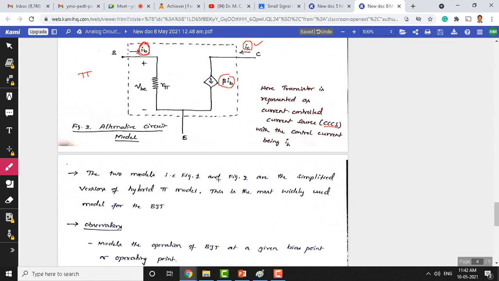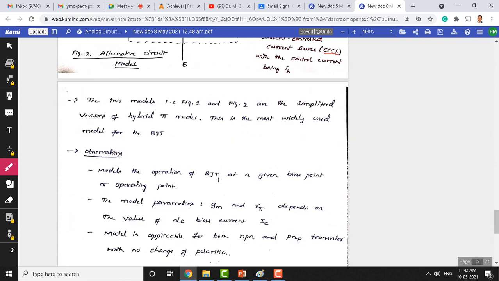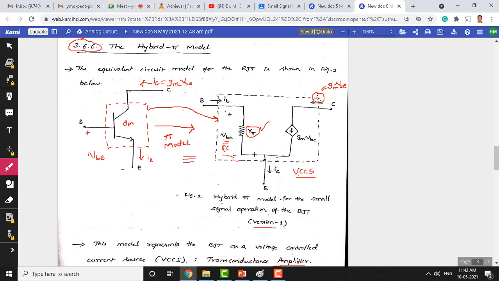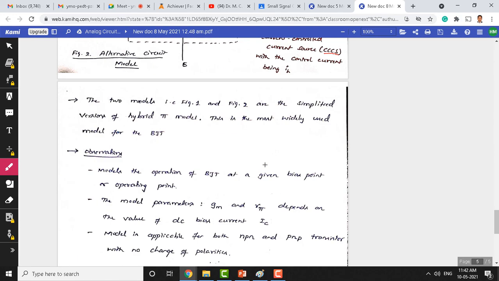Now, let us come to the conclusions here. The two models that we have shown, version 1 and version 2, in figures 1 and 2 respectively. This is figure 2, the version 2 model, and version 1 is the hybrid pi model. Both are simplified versions of the hybrid pi models, and both are called hybrid pi model.